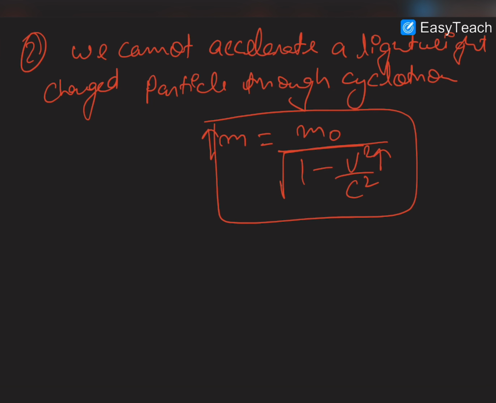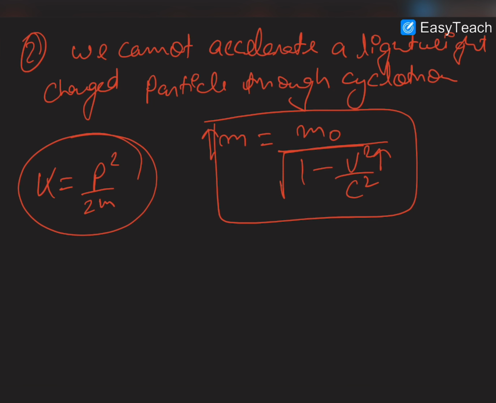But when we will accelerate these light particles in the cyclotron, see, we know that if there are two particles which are thrown with same kinetic energy initially, and one particle has lesser mass and the other particle has greater mass, then the particle with the less mass will attain higher velocity, because we know that the kinetic energy of the particle is equal to p square by 2m.